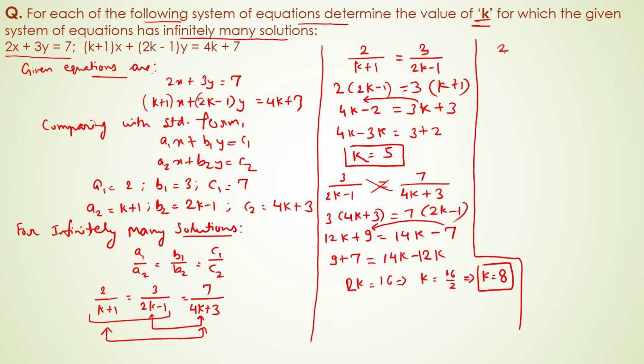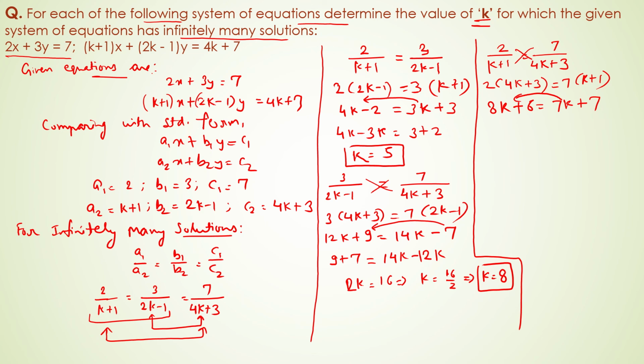There is one more situation that is also possible, if we take the first and third terms. So we get 2 upon k plus 1 equals 7 upon 4k plus 3. So cross multiplying, we get 2 times (4k plus 3) equals 7 times (k plus 1). We get 8k plus 6 equals 7k plus 7.